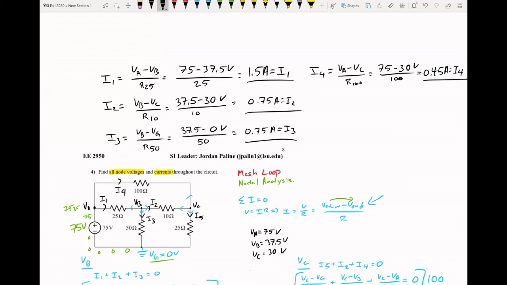And then finally, I5 gives us V of C minus V of G over R25. So 30 minus 0 volts over 25 will give us 1.2 amps for I of 5. All right, so there are all of our values.